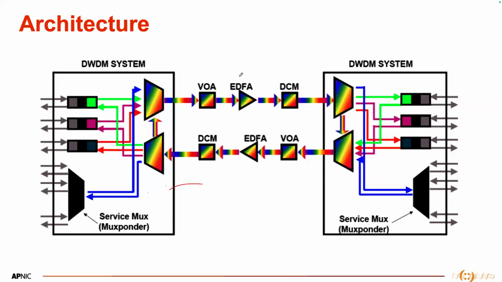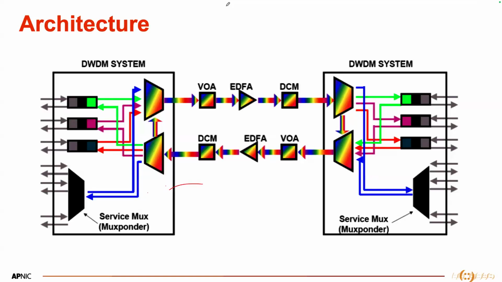If you expand your view, you will see that the fiber length is very long. So you also need to place some small stations in the path where the signal is only amplified, nothing else. You do not add or drop any signal, you just amplify it.